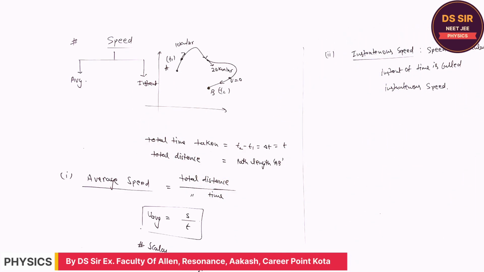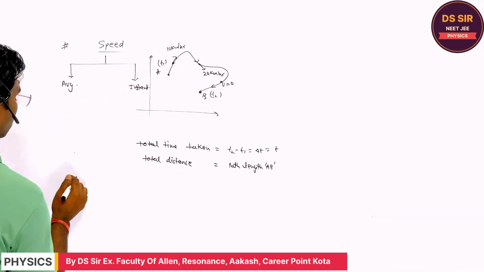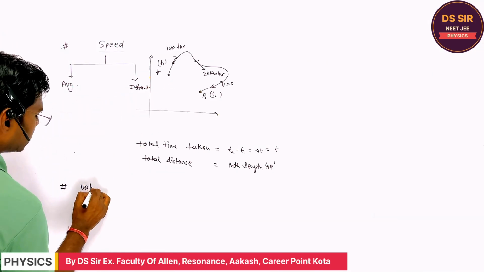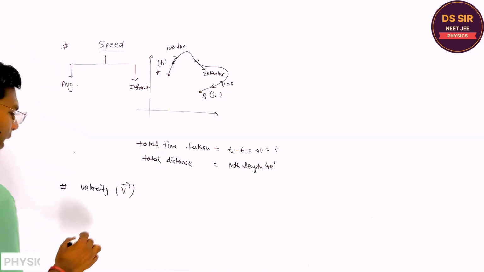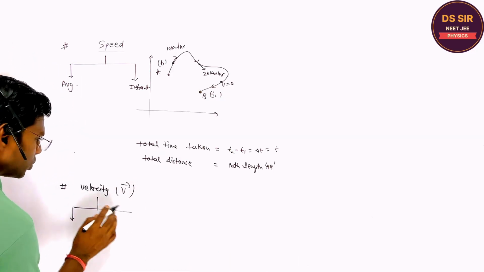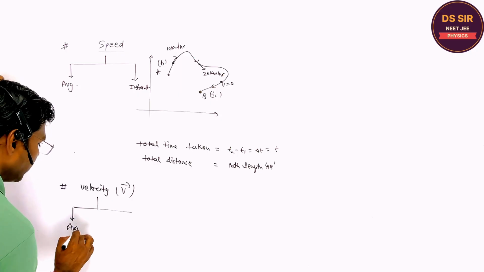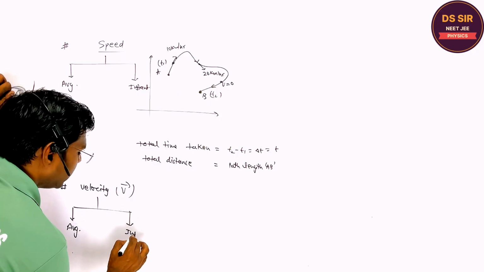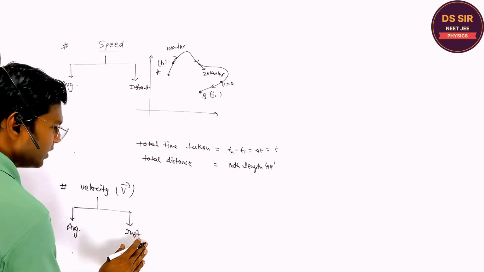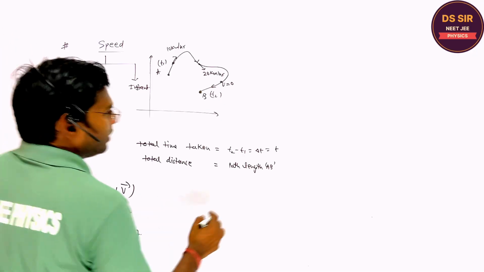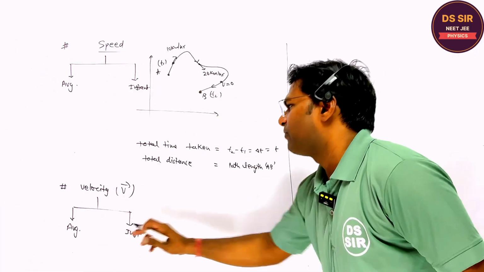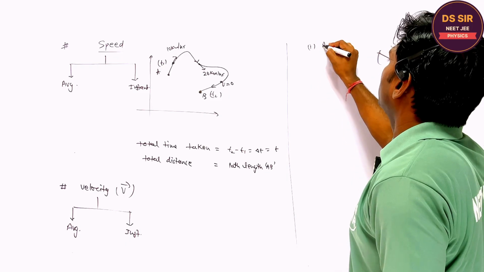Copy this first. In the same figure, we are going to discuss the velocity, right? The velocity is a vector quantity, and again the velocity is of two types, the average velocity and the instantaneous velocity, right? How to find the velocity? First, I will explain the average velocity.